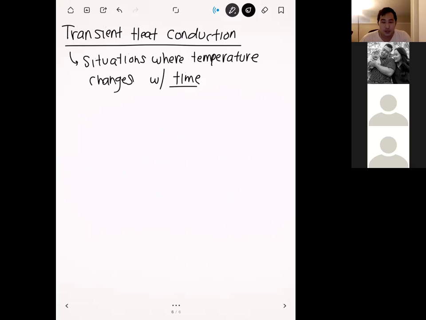If you think of baking something in an oven, or heating something up, anytime you expect the temperature of something to go up or down with time, these are transient situations where you need to apply a different set of theory than what we've done before. To express that mathematically, we're looking at situations where the boundary conditions, whether temperature or heat fluxes, suddenly change.